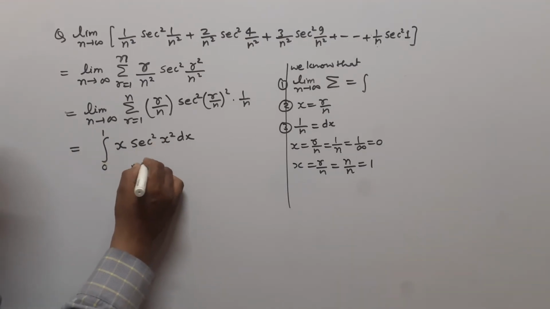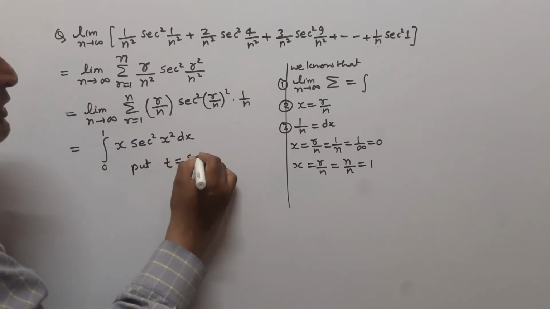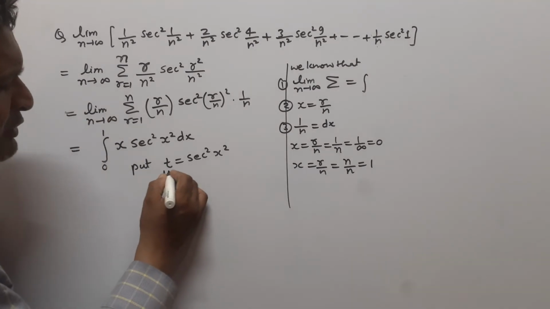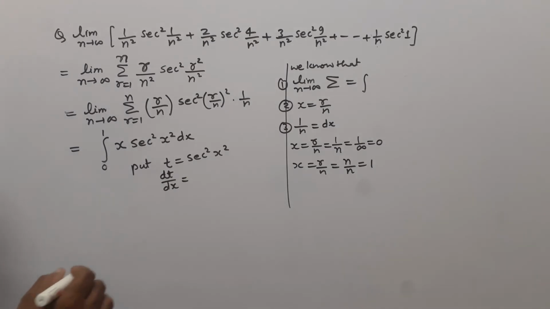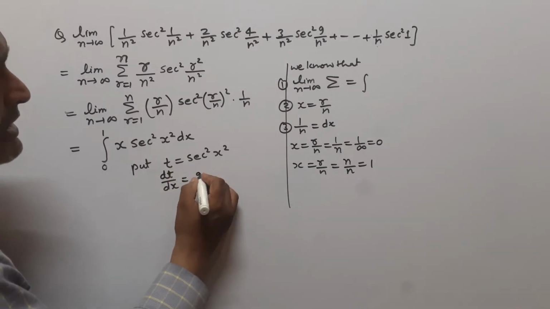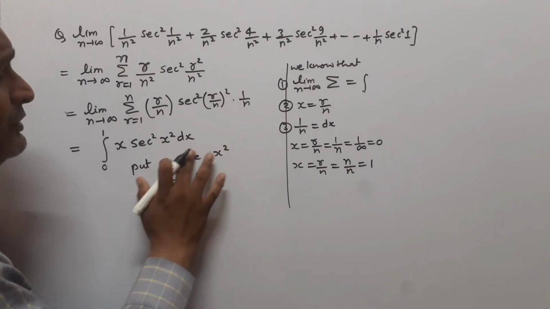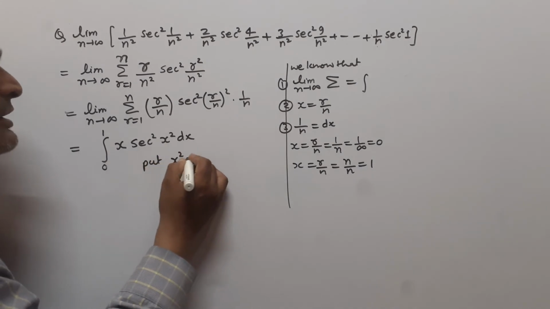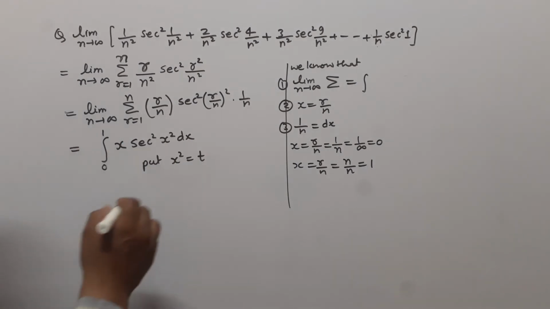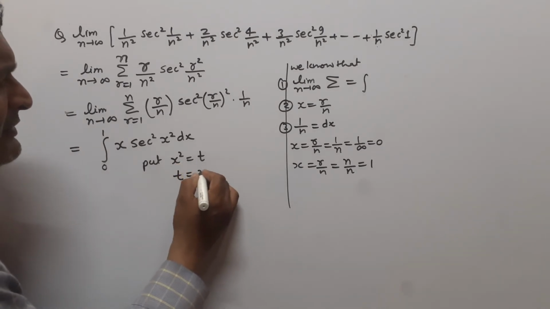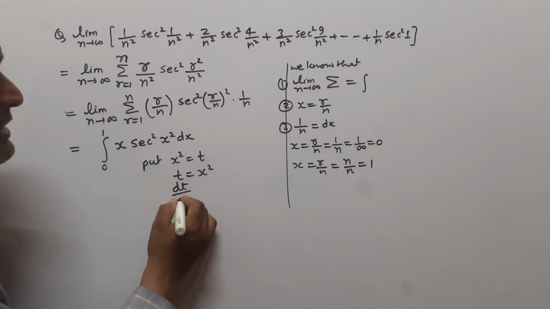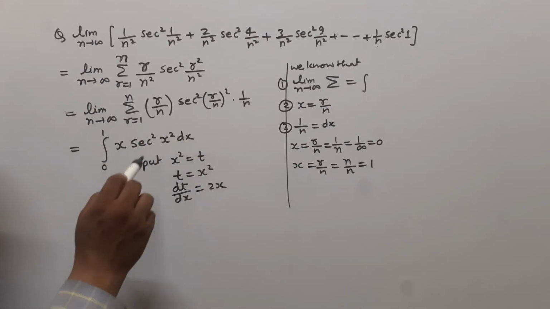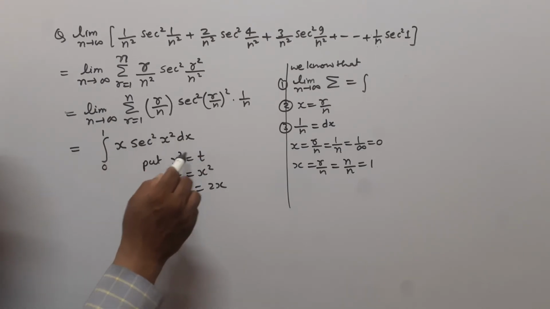For solving this integral, we put x square equal to t.